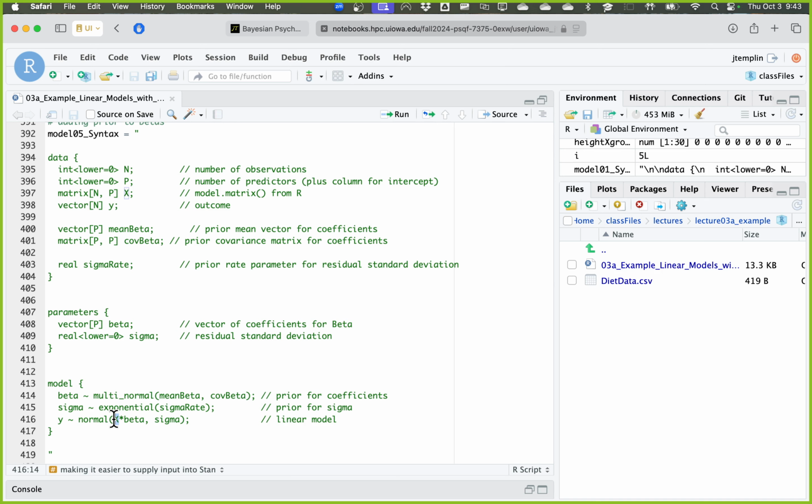Question in the chat: if variance is called cov, what will be the covariance if the covariance is not 0? Well, it turns out in a multivariate normal distribution, there are two sets of parameters. There's a vector of means and there's a covariance matrix. So we refer to the second set of hyperparameters as a covariance matrix. That covariance matrix along the diagonal contains variances.